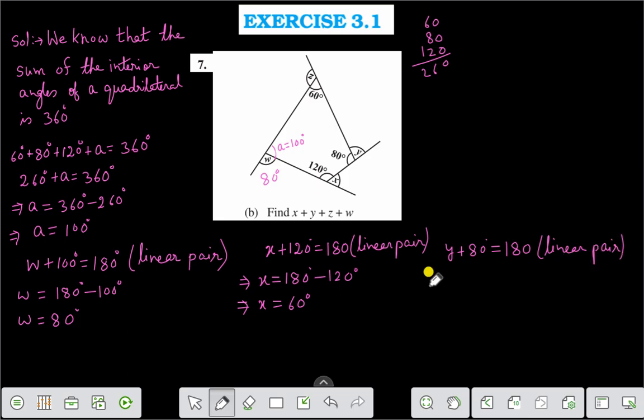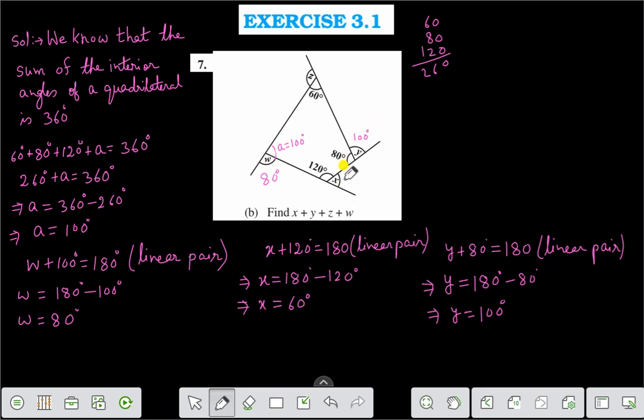Therefore, we are getting y is equal to 180 degrees minus 80 degrees. Therefore, the value of y is equal to 100 degrees, right? This is 100 degrees.